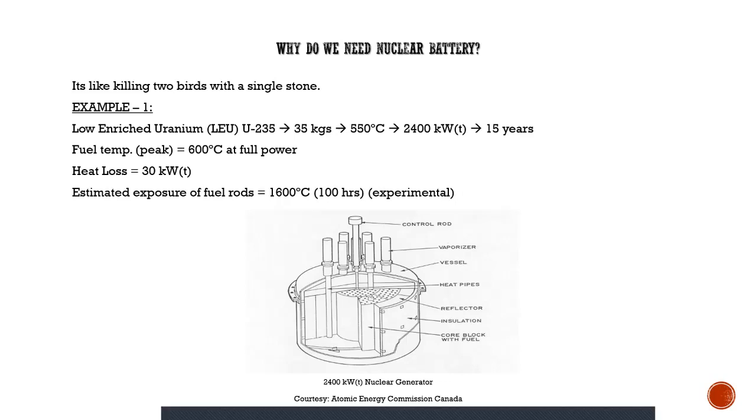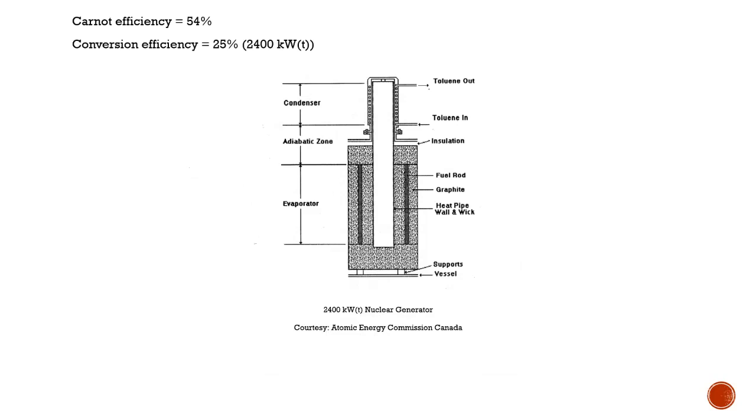When the fuels are exposed to radiation while the reactions are going on inside the nuclear generator, they can reach an estimated temperature of 600 degrees Celsius with a continuous running of 100 hours. After that, we have to decrease the temperature, and then we can run it for another 100 hours. This is an experimental value, it can increase or decrease, and the Carnot efficiency is around 54%. If we convert it to electricity, the conversion efficiency is 25%, for a thermal nuclear generator.